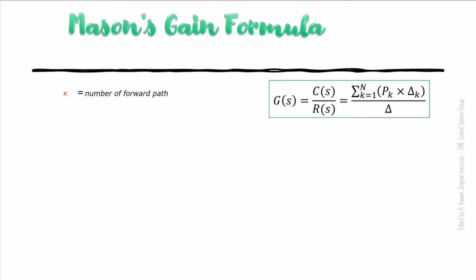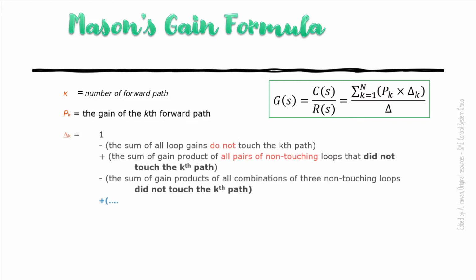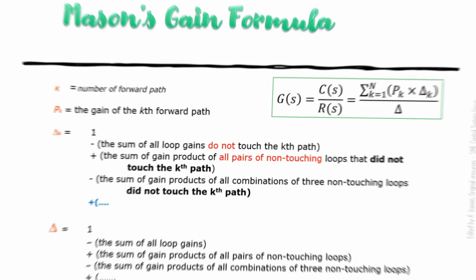We need to identify how many forward paths there are, and then you need to find the gain of the forward path, and then delta K, and then we have delta.